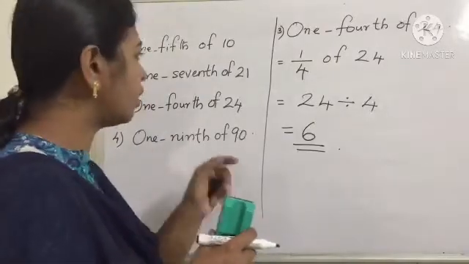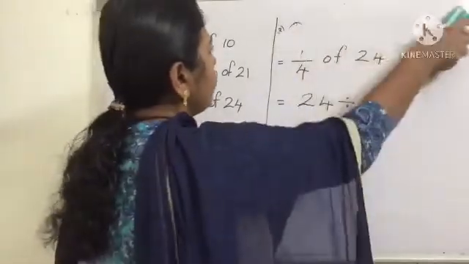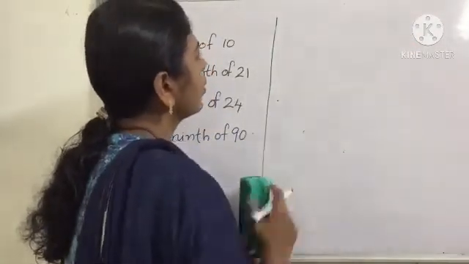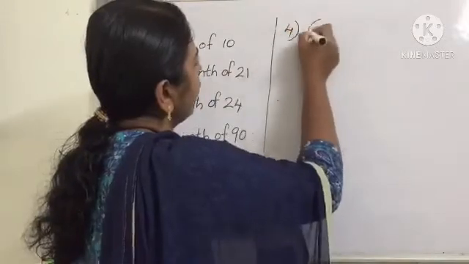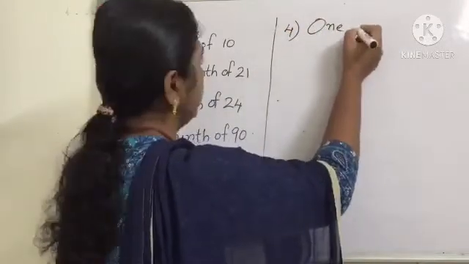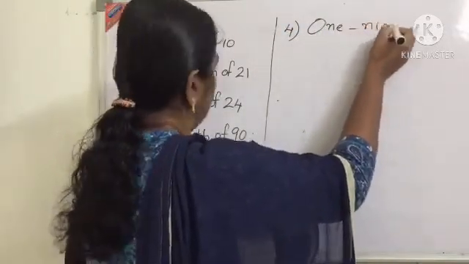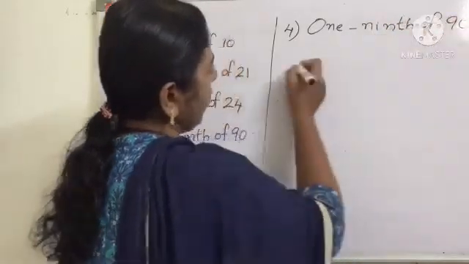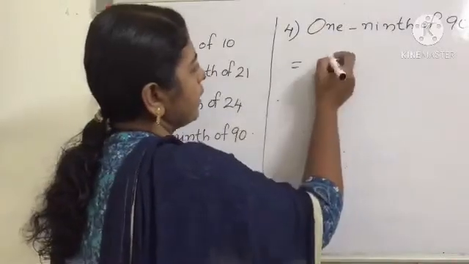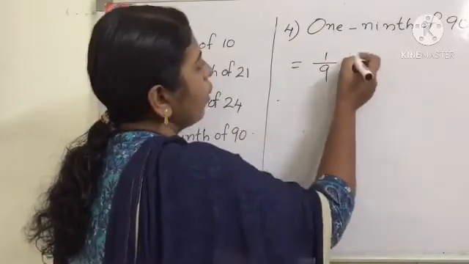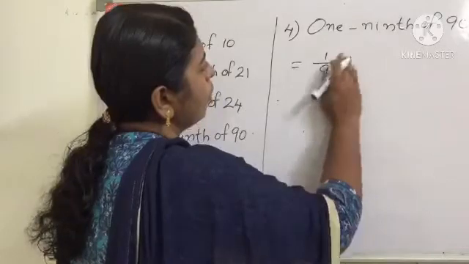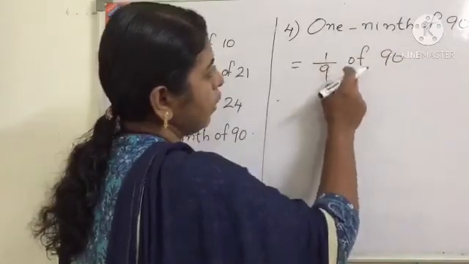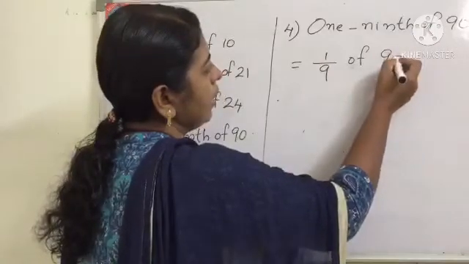It's 1/9 of 90. Fourth question, 1/9 of 90. How can we write it? 1/9 of 90, isn't it?